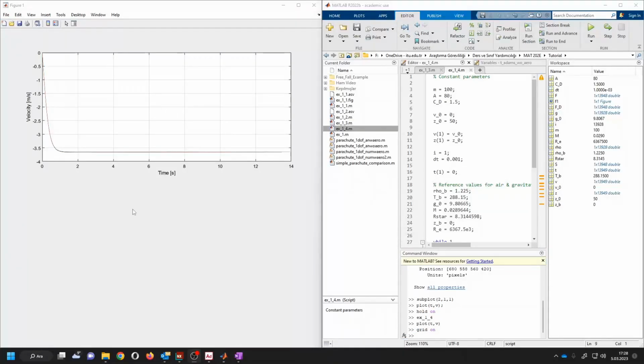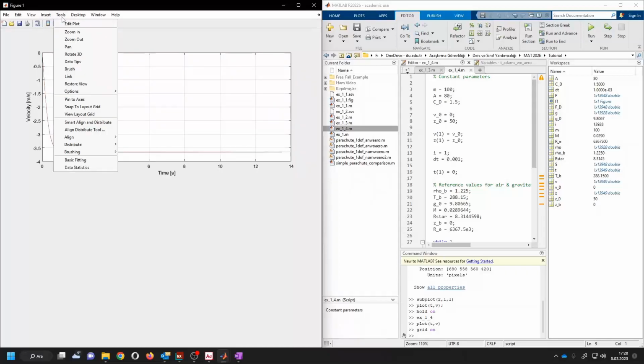So if we look at the graph, for an initial location or initial position of 50 meters, we can't sense a big difference between the model with constant parameters and the model with changing parameters with respect to altitude.